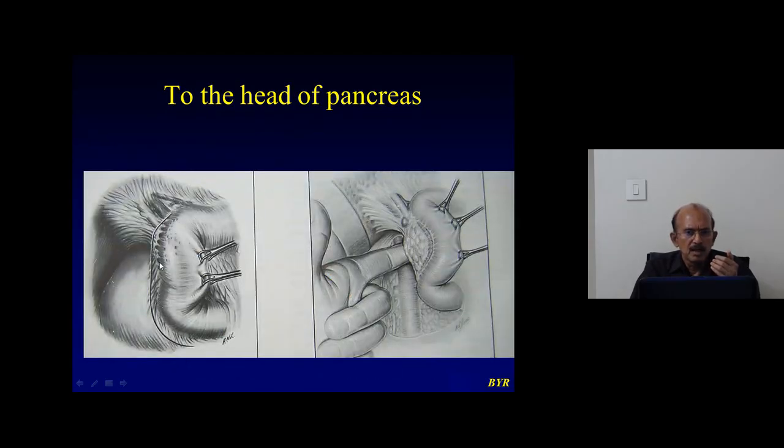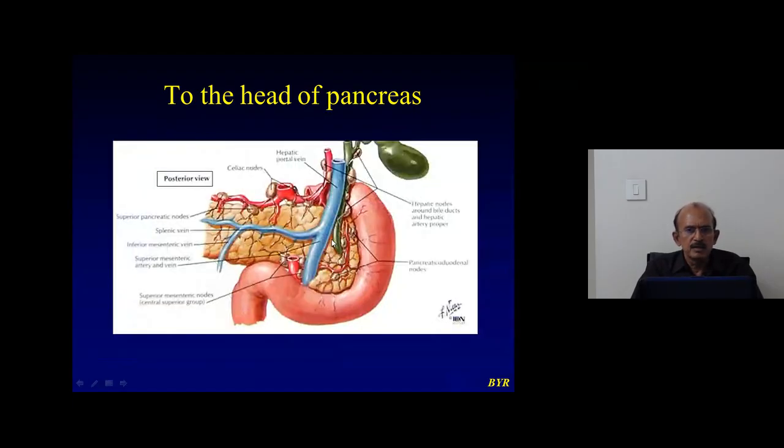So this is the Kocher's incision. Afterwards, with your finger dissection, you can separate the duodenum and pancreas from the retroperitoneal areas. You can see here the portal vein. So you can separate it from the portal vein also by gradual gentle dissection. So this is called Kocherization.